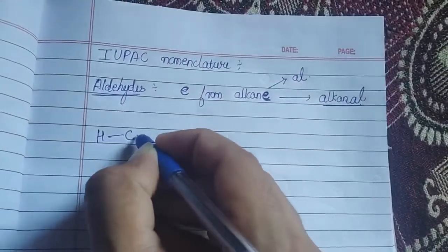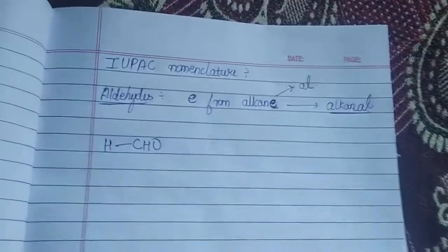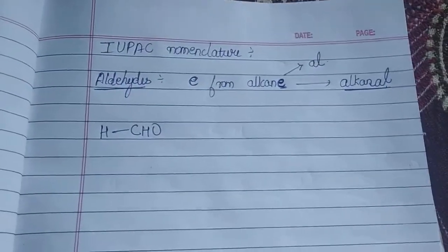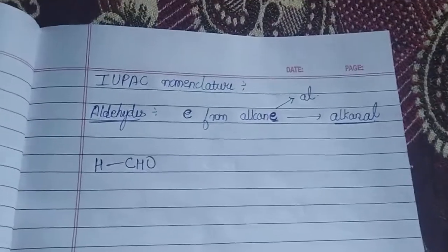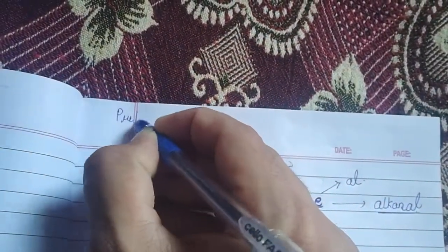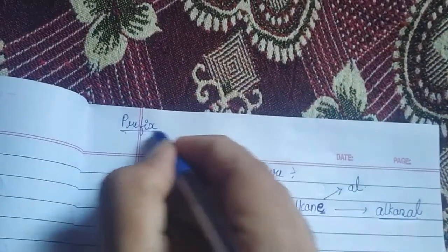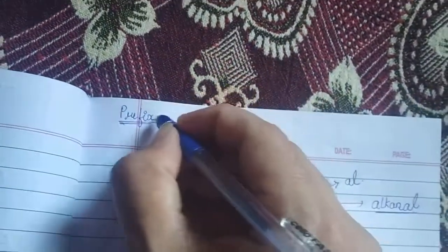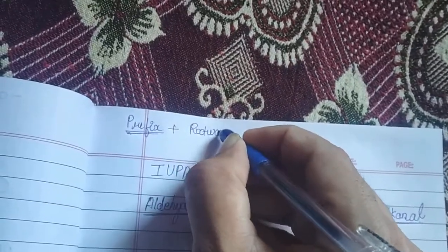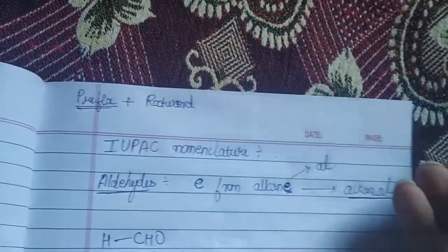HCHO. I have told you many times the general way of representation of your IUPAC name. First comes the prefix, which indicates your substituents. Then comes our root word, which indicates the number of carbon atoms.